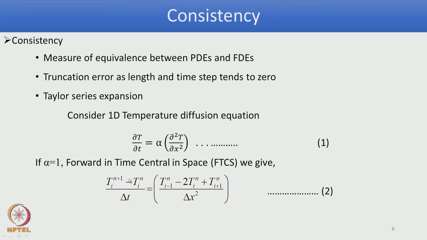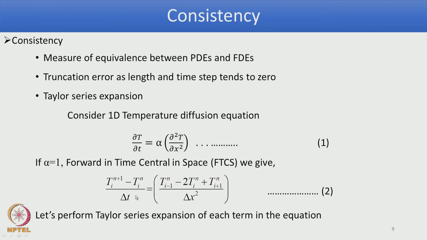Now, on the right hand side we set central in space, but time is at the n level. So, you can see superscript n appears, whereas the subscript is central in space. So, you get T of i minus 1 minus 2 T of i evaluated at n plus T of i plus 1 at n, divided by delta x square. This expression we know already independently, we have learned it by Taylor series expansion. Now, we are substituting them together.